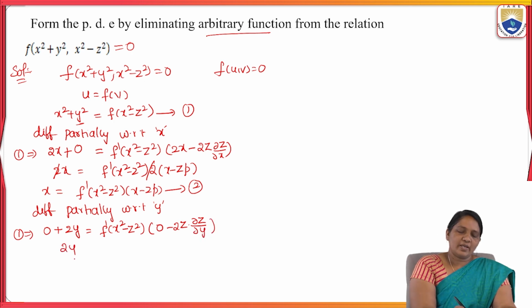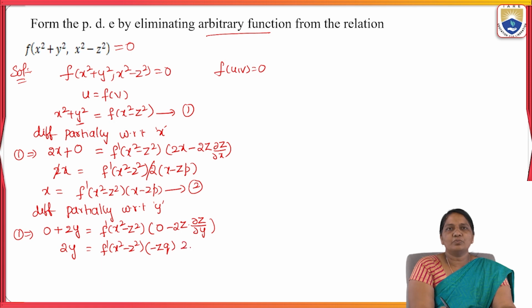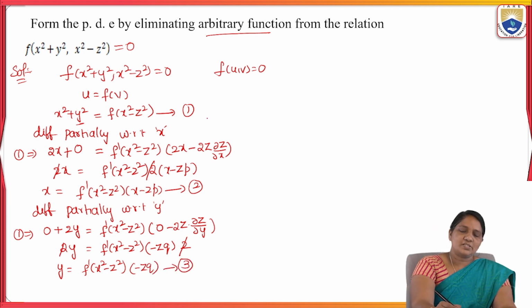Now 2y is equal to f dash of (x square minus z square), here minus z into q into 2. So 2 will be cancelled. Finally y equal to f dash of (x square minus z square) into minus zq. So this is equation 3. So first step completed and second step also completed.